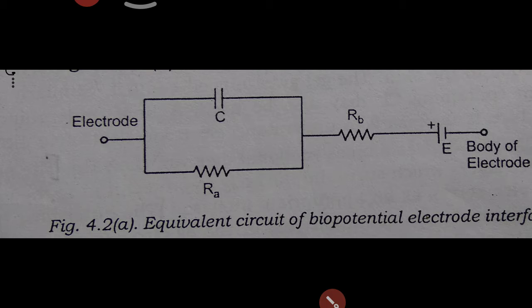Now this is your single layer electrode. Sometimes the single layer electrode cannot give a high accuracy output signal, meaning it will add noise to the bioelectric signal. So we avoid this type of noise by coating the electrode with a piece of pure silver with silver chloride.